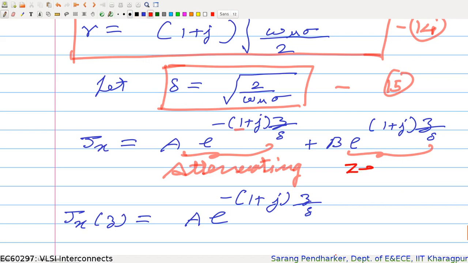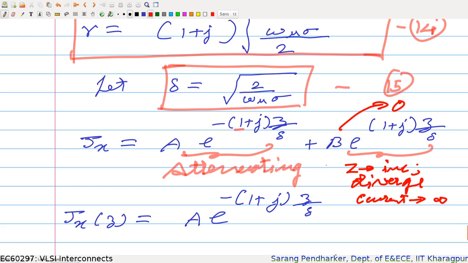So as z increases, this term would diverge, resulting in the total current also diverging. Current tends to infinity as z tends to infinity. This is not the case that we are considering, because this won't satisfy the condition of finite current. So therefore this constant b can be eliminated to be 0.